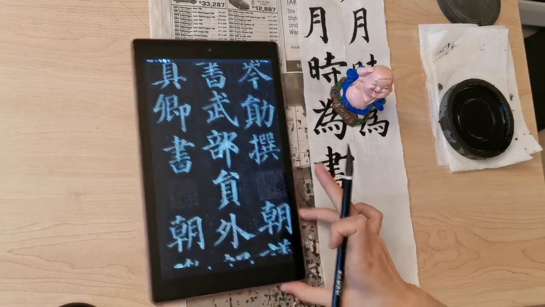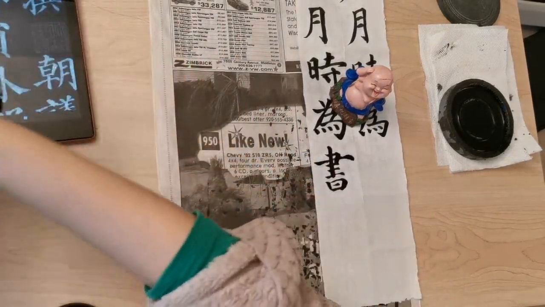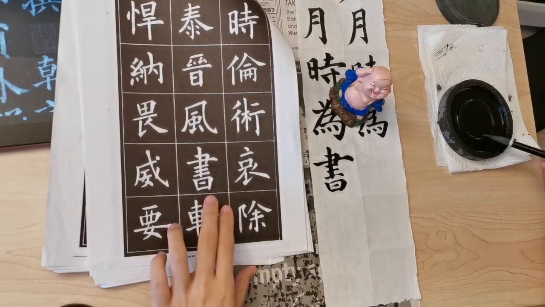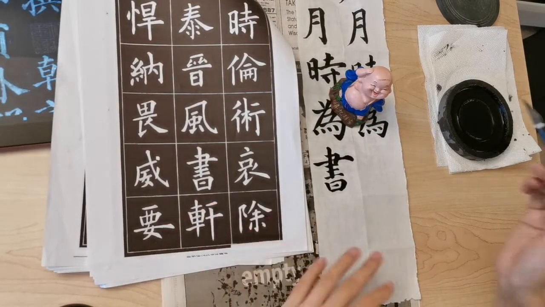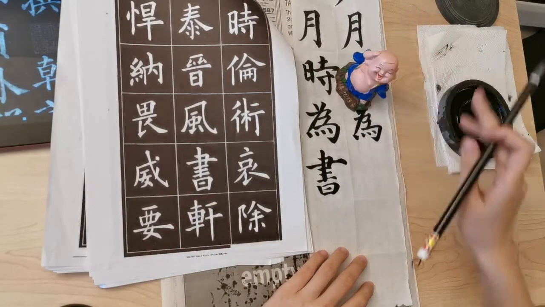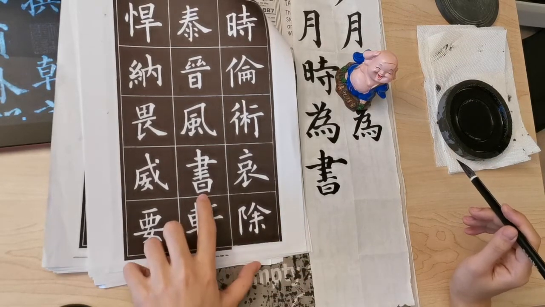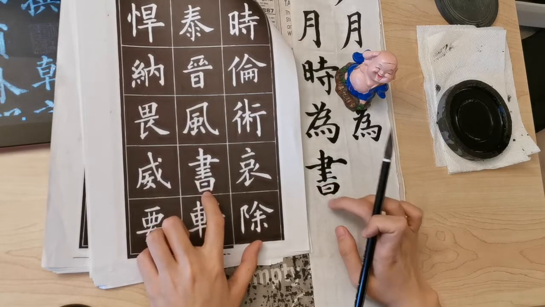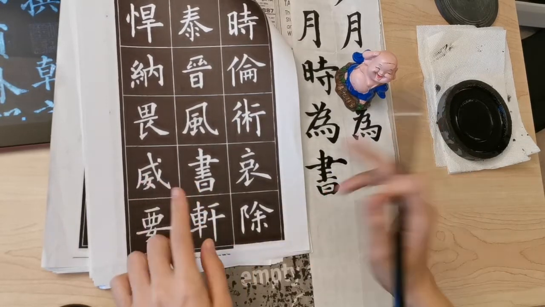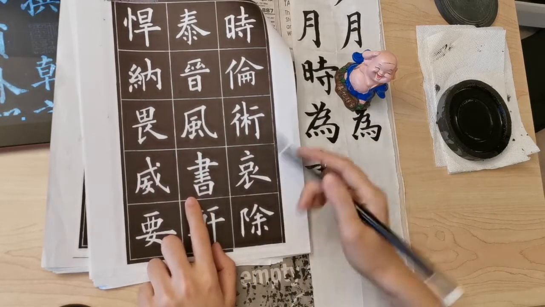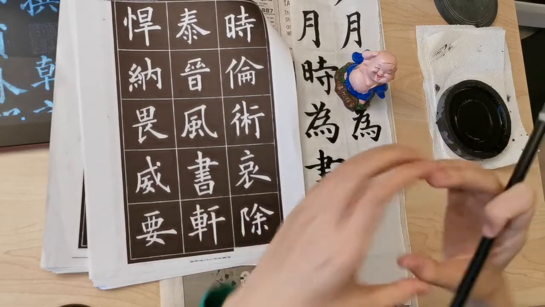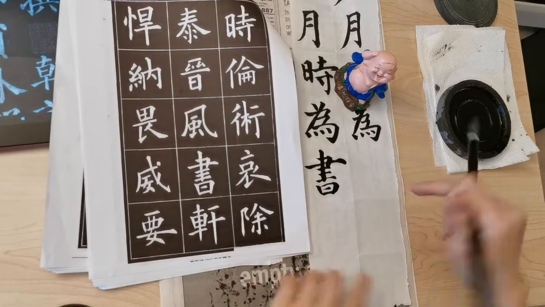Okay, what about the other shu? The other one, it's slimmer, not so much contrast in the thickness, and also be careful about the kou at the very end. This one, the vertical one, you go in, but for this one you go out. It's more chubby, but this one is more in.